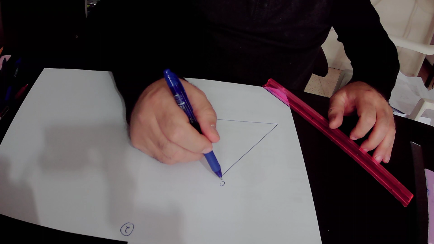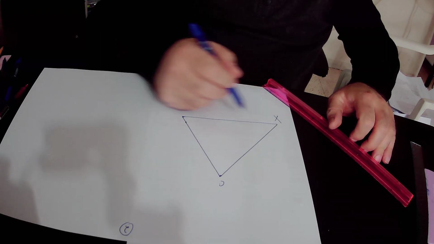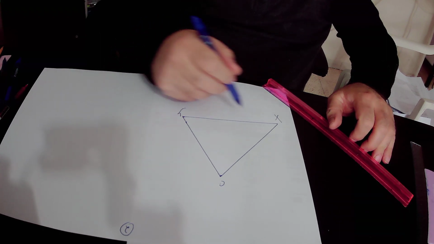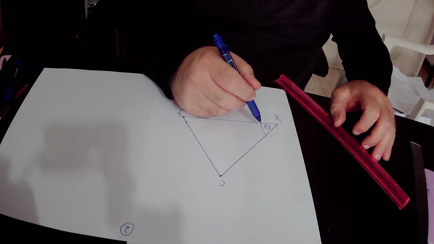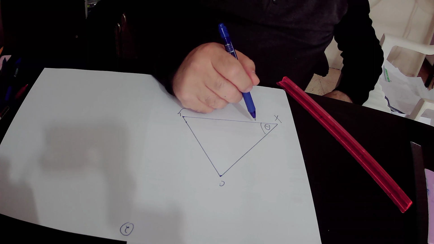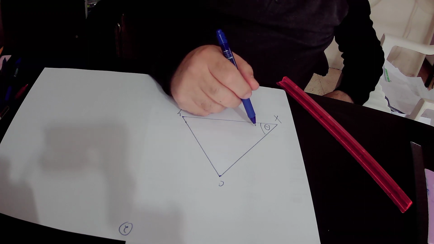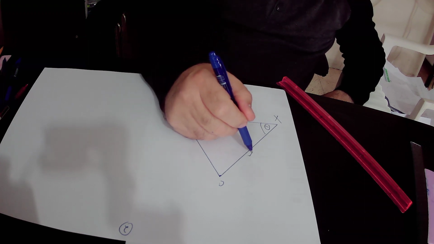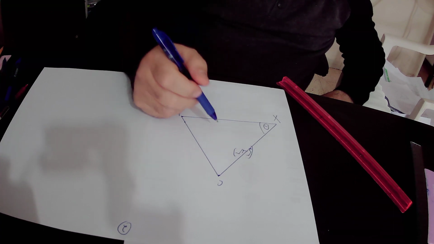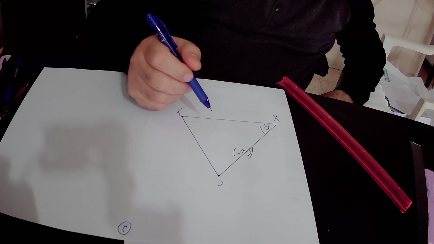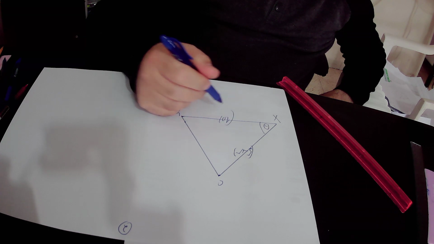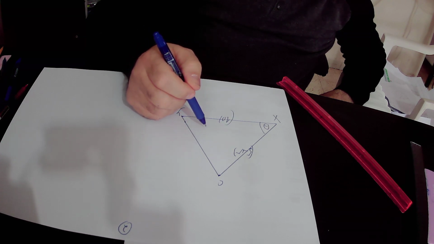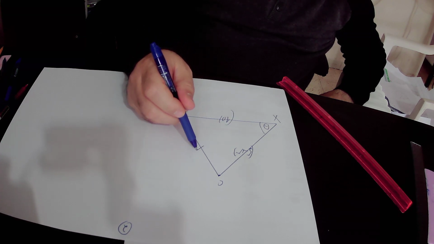So this is triangle CXY. This is angle theta. We have already found out that CX is equal to 5 plus r, XY is equal to 10 units, and CY is equal to 15 minus r.